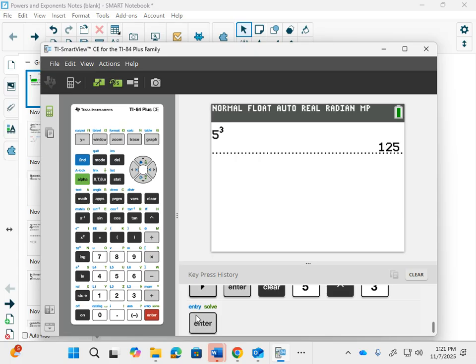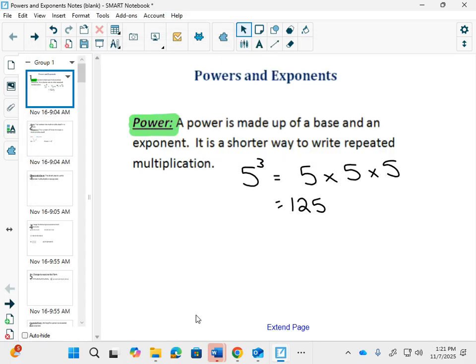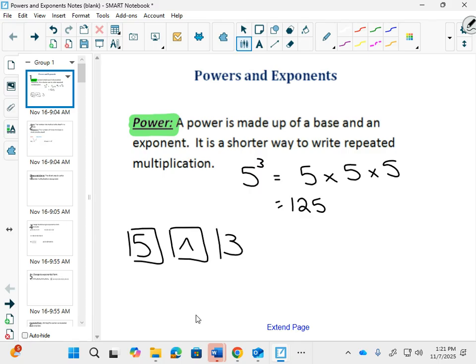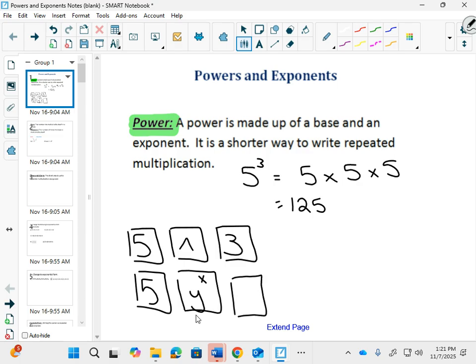Some calculators have a button that looks like X to the Y, with this little tiny exponent there that lets you type it in. Once you get your own calculator, find out how it works.